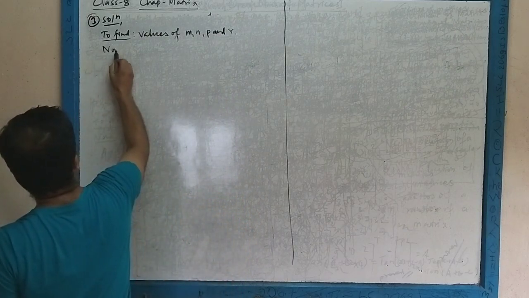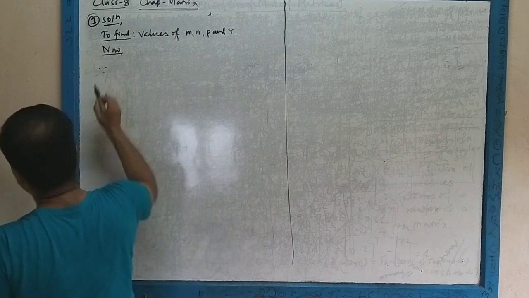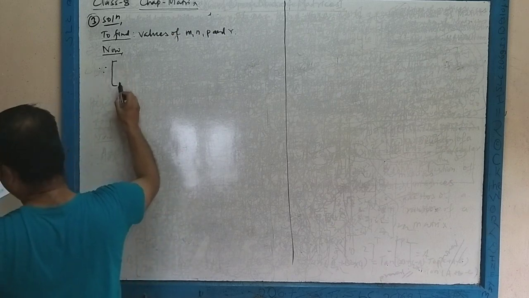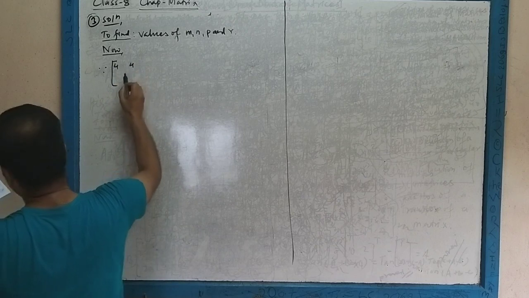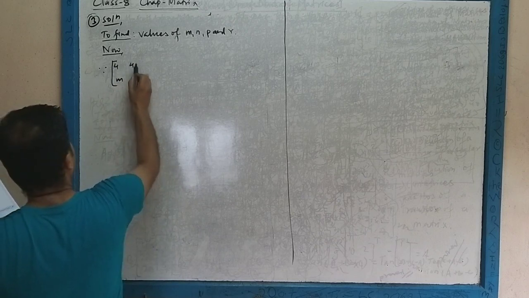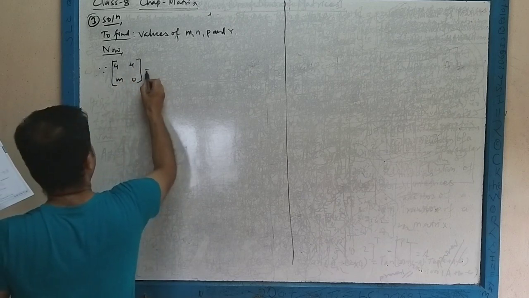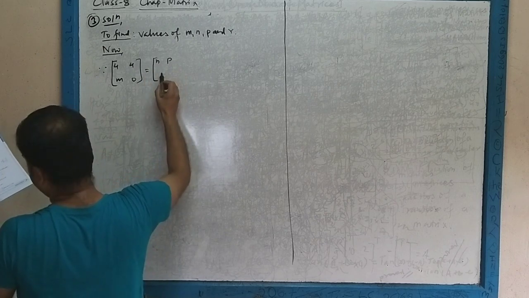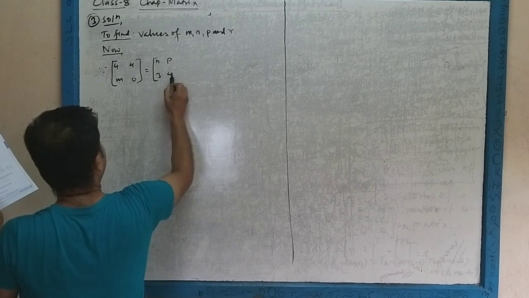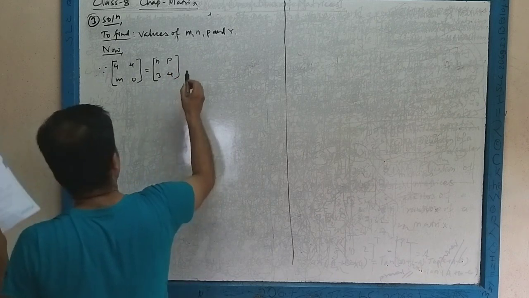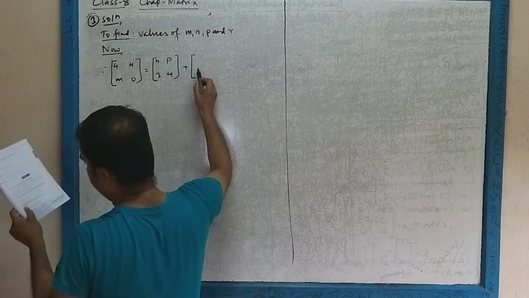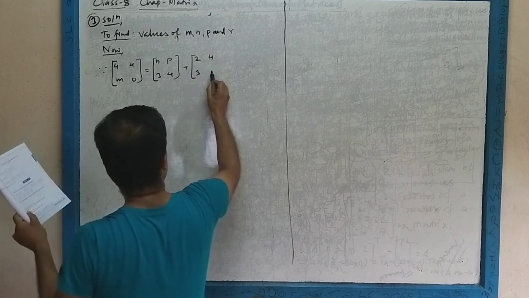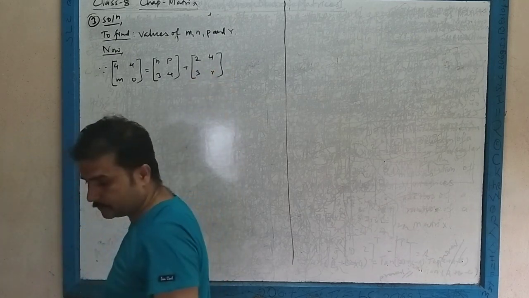Now, what is given to us? Given to us is that 4, 4, M, 0 equals N, P, 3, 4 plus 2, 3, 4, R. Okay, this is the question.